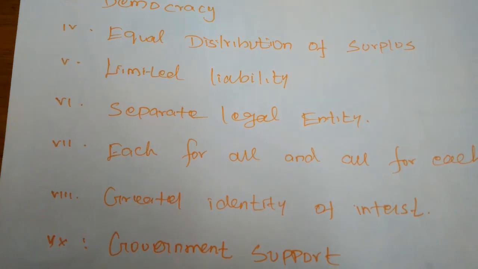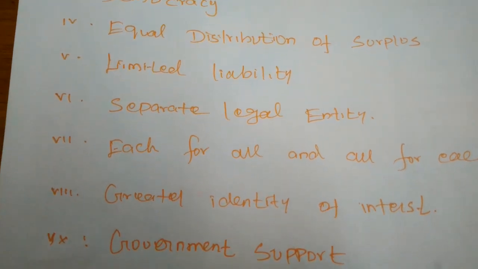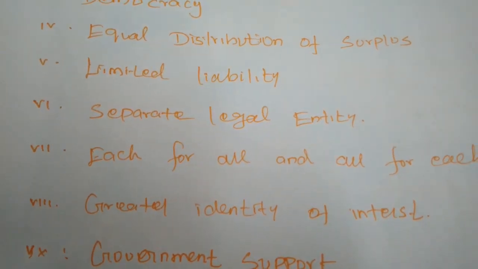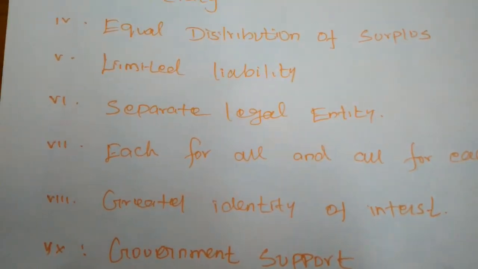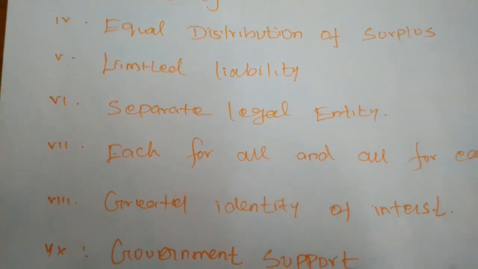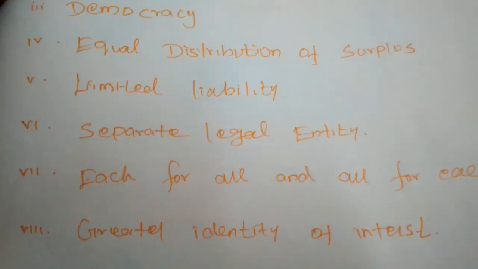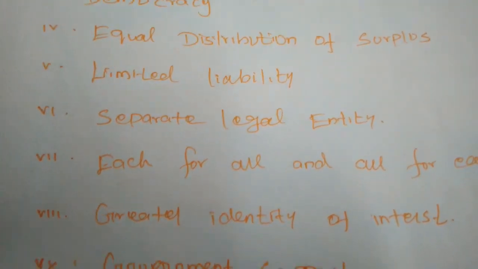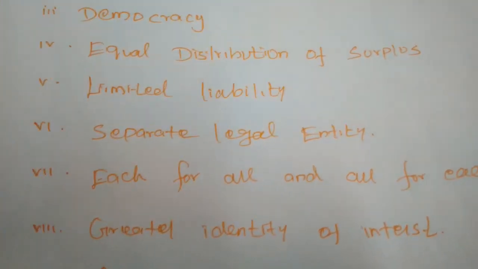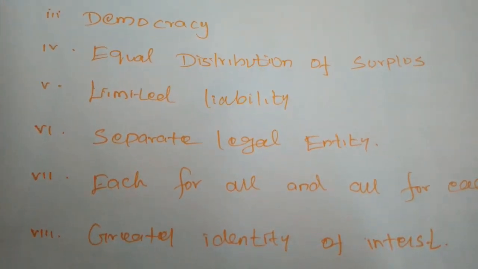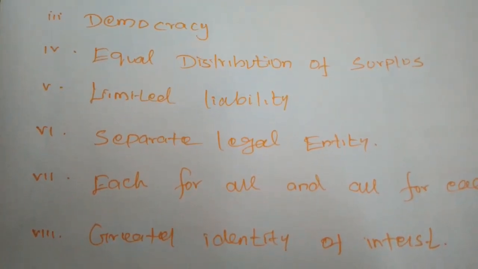The liability of the members in a cooperative society is limited to the extent of their capital contributions. When establishing the cooperative organization, whatever amount of capital is invested, the limited liability is based on that capital amount only. So the members need not worry about further responsibilities.